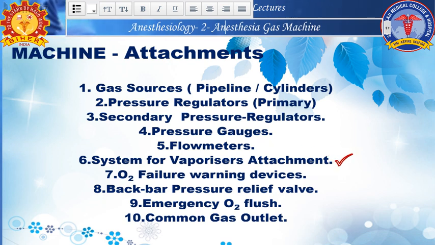The vaporizer itself is a separate topic which we'll need to talk about elaborately, so I won't concentrate much on those things. Then O2 failure warning devices, back pressure relief valve, emergency oxygen flush, and then the common gas outlet. These 10 are the important and basic components of any anesthesia gas machine, whether it is modern or old. This is what it should be.